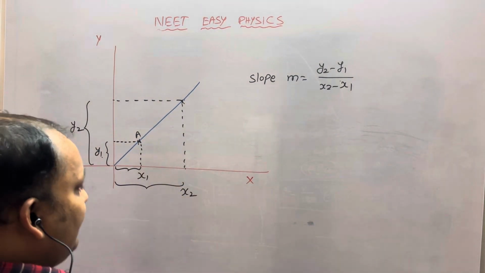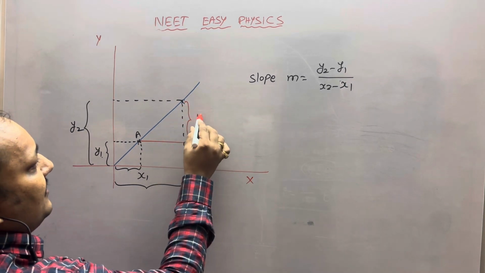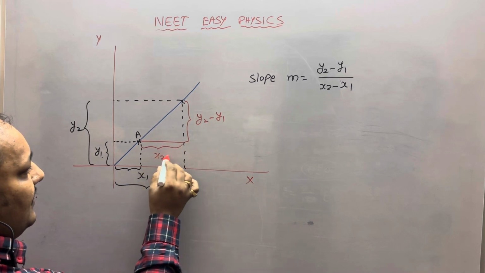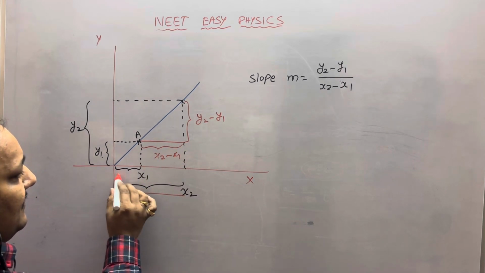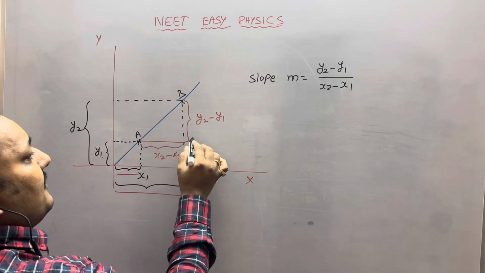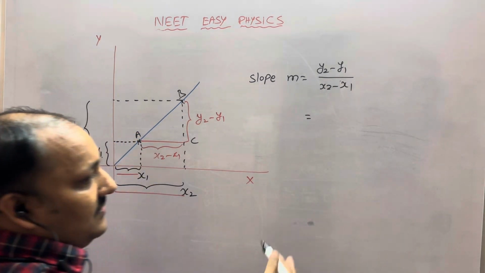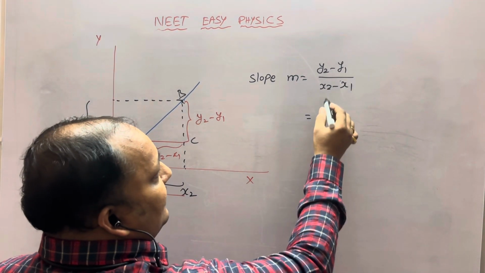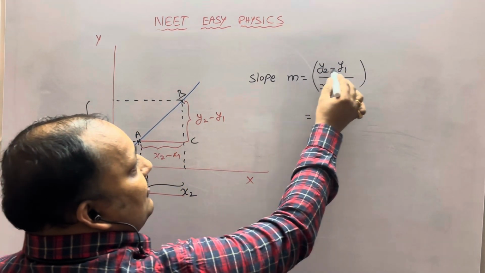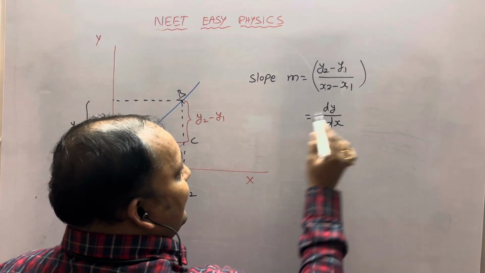What is y2 minus y1 from this graph? This value is going to give y2 minus y1, and this value is going to give x2 minus x1. Now if you assume A, B, C, after completion of 10th class, in intermediate or PU, whichever board you are preparing, this y2 minus y1 they will write dy, and x2 minus x1 they will write dx.